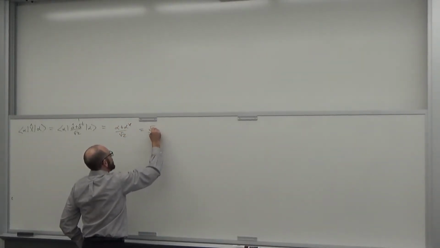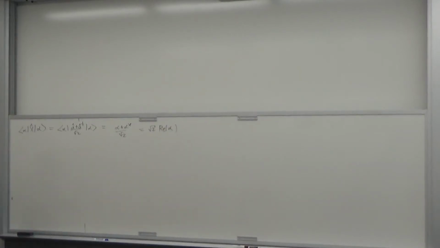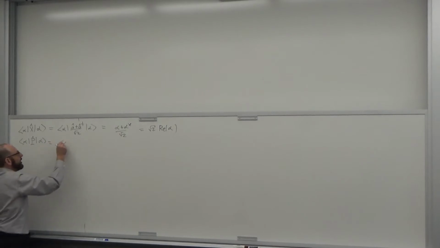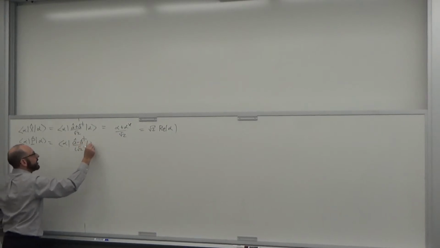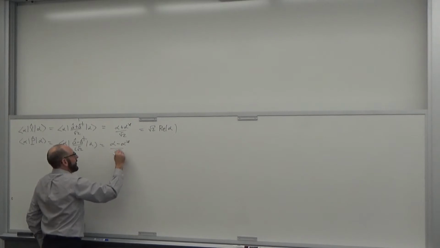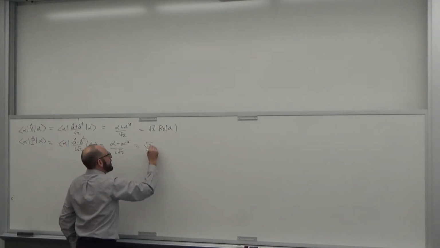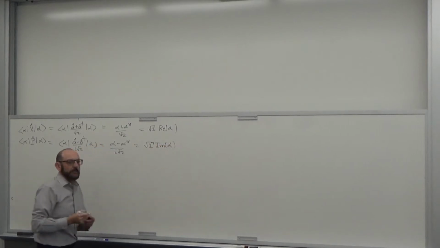This is equal to root 2 times the real part of alpha. What about the mean quadrature p? Well, that's a minus a dagger over I root 2, which is alpha minus alpha star over I root 2, which is root 2 times the imaginary part of alpha.